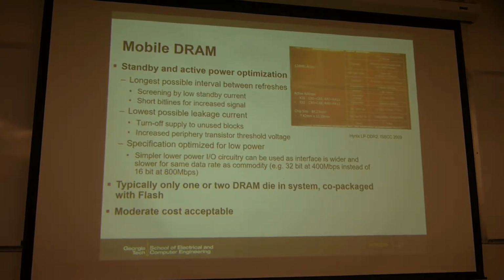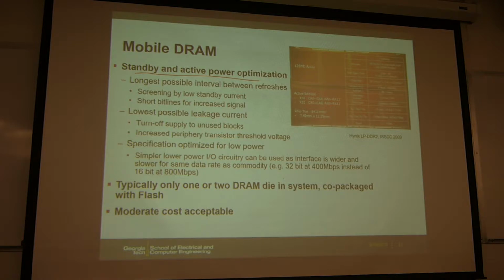The second type is the mobile DRAM, and in this case, your priority will be low power. So you need to optimize for low power. If you want to reduce the power, then for the refresh, you need to make the interval between the refreshes as long as possible.